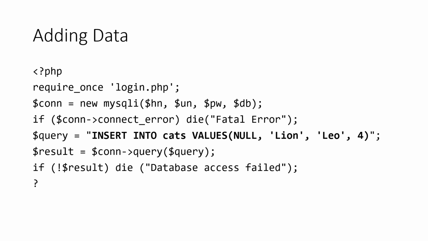Third, adding data to an existing table. In this case, in the connection string, you first connect to the required database. Once you do that, we have an insert statement to insert the values into the required table. In this example, we are adding some data items to a table called cats.